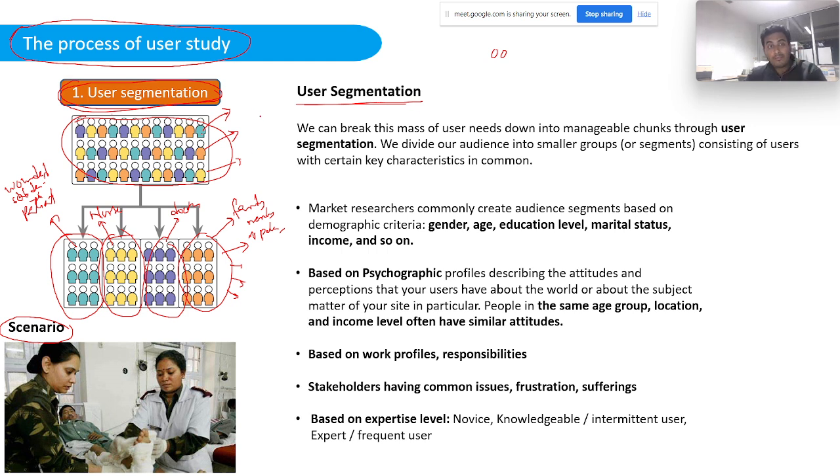Collecting information from such a random user group will be very difficult. So generally we do user segmentation as the first task. When you have done the segmentation, you then go for your inquiry and move your user study procedure from one group to another.